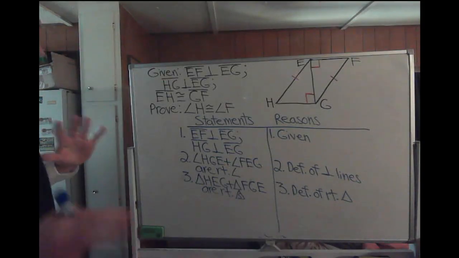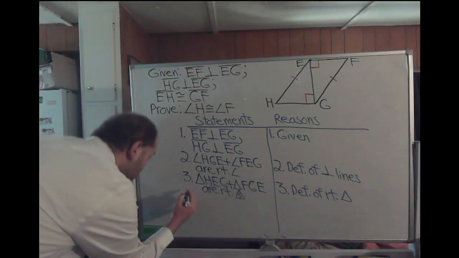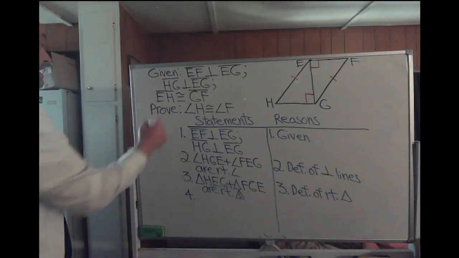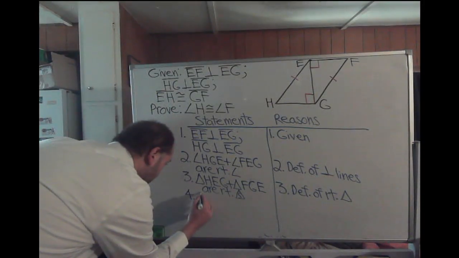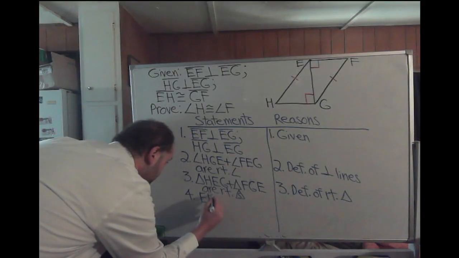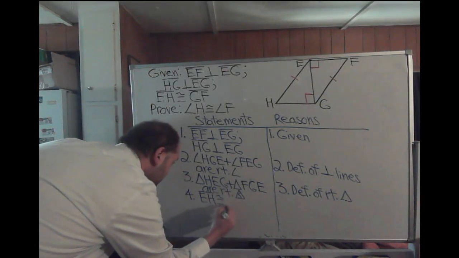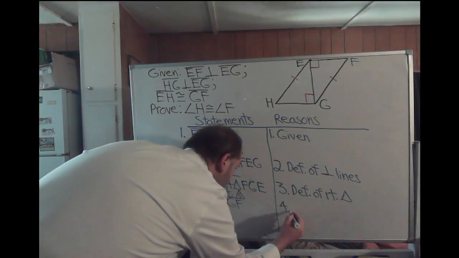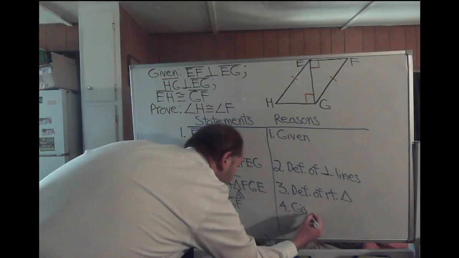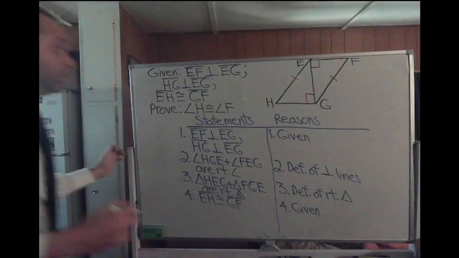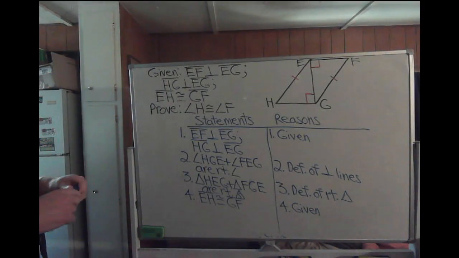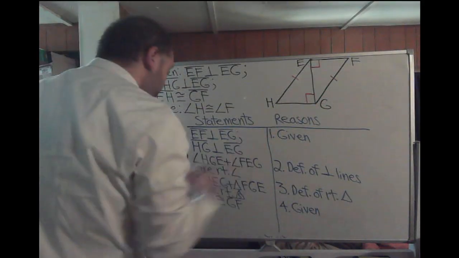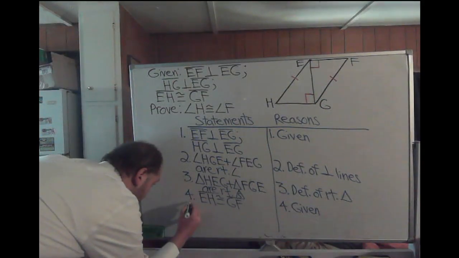So now we've established right triangles. Step 4 is that EH is congruent to GF, that was given to us. What else? Then obviously both of these triangles share the same leg. EG is going to be congruent to EG by the reflexive property.